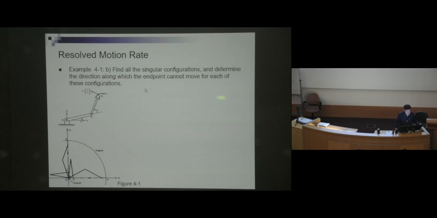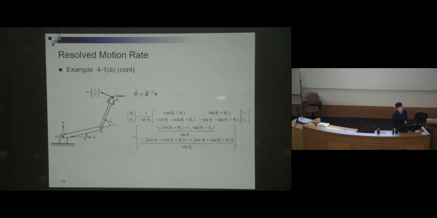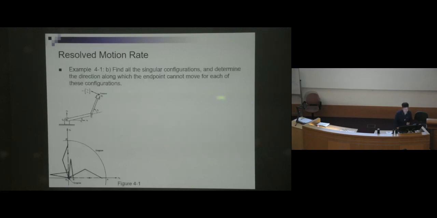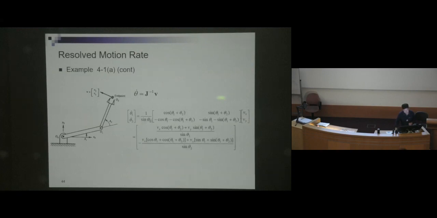So we want to determine all the singular configurations. A singular configuration means that J is not full rank. You don't have J minus 1, you don't have the J inverse. You don't have J inverse when the determinant of J is equal to 0, since 1 over 0 is infinite.